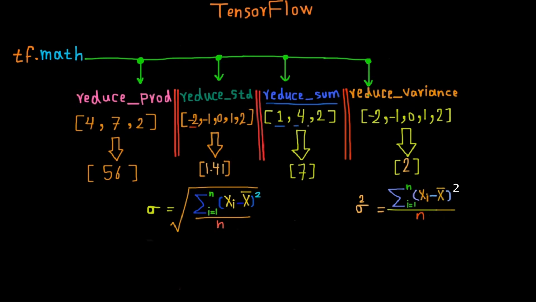And these are the elements along that axis. Now, if we apply reduce sum function on this tensor, the result equal to 1 plus 4 plus 2. So the result equal to 7.